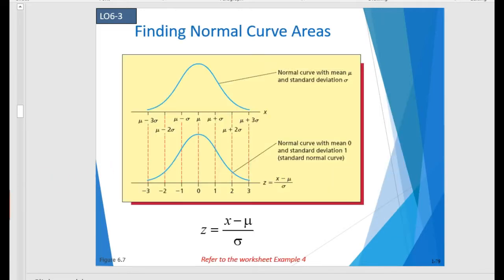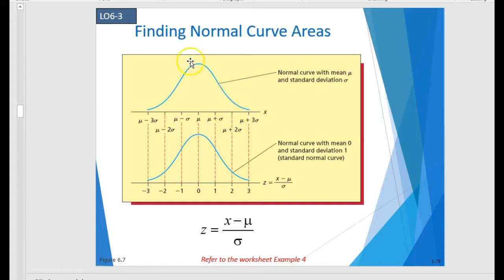And then lastly, this is going to take us to the worksheet. This is what a normal curve would look like with a mean of something that we either know or calculate and a standard deviation of something that we either know or calculate. And then this is showing the translation down into the standard normal curve.